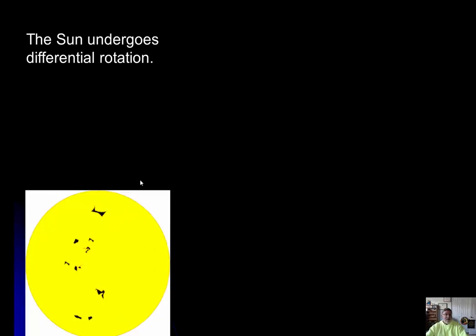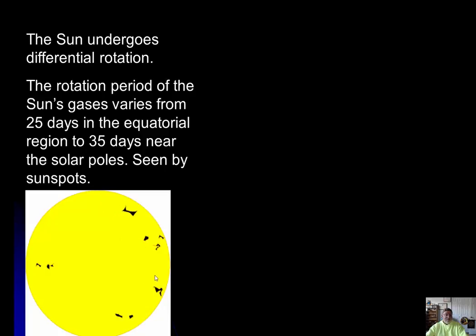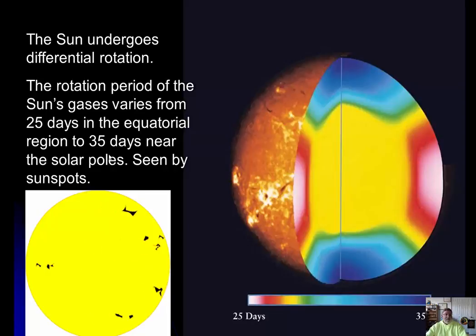Okay, these are sunspots, and if you take a look at it, the sunspots on the equator actually move faster than they do toward the poles, and this causes issues with prominences. The sun undergoes differential rotation. The rotation period of the sun varies between 25 days around the equator to 35 days near the pole, and it actually averages up to 27 days.